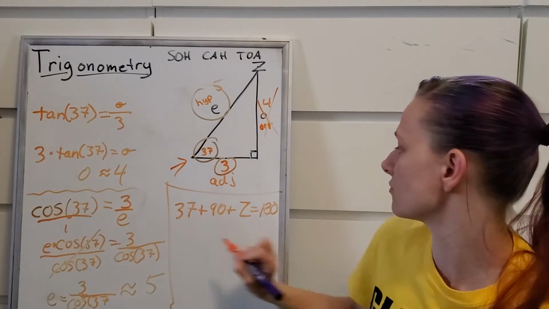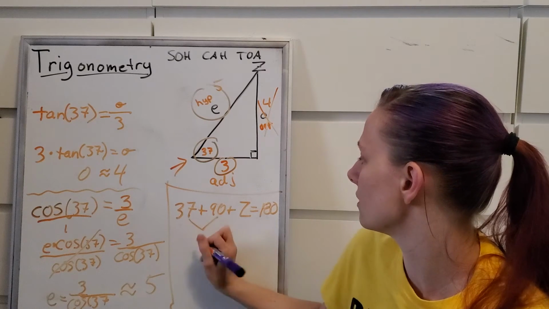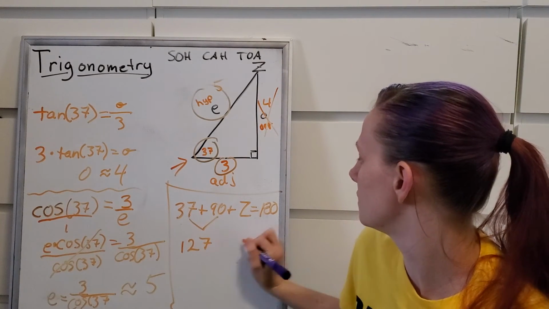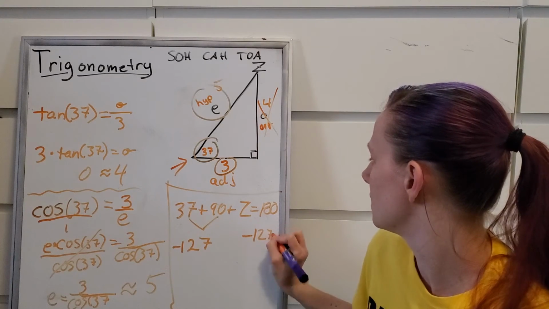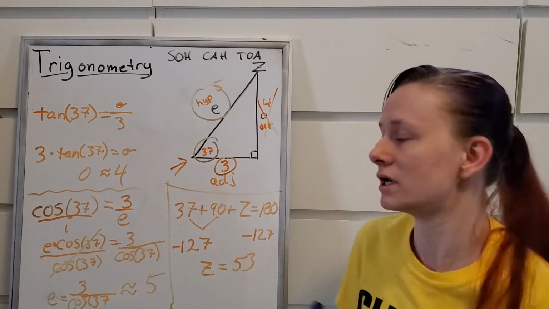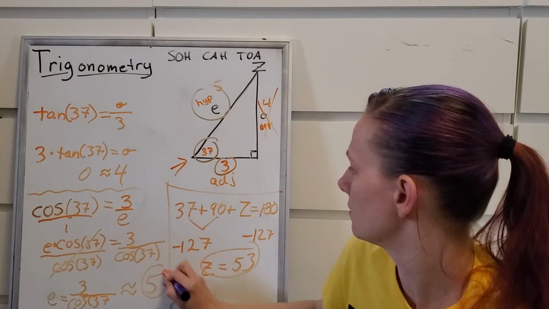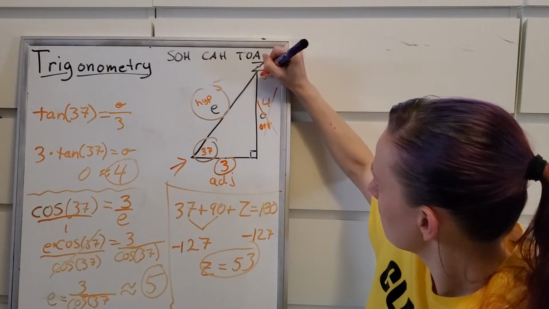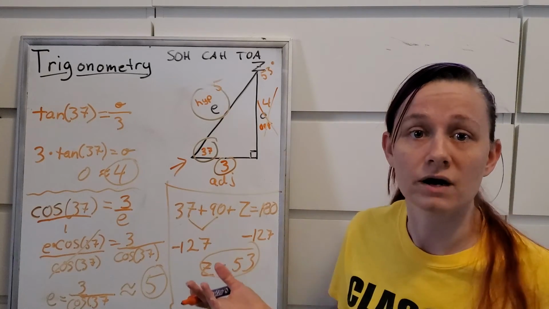You can either subtract 37, then subtract 90, or you can add these together, which is 127. So we subtract 127 from both sides, and you get Z equals 53 degrees. So there are our answers.